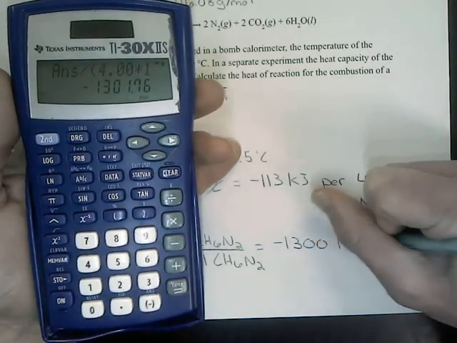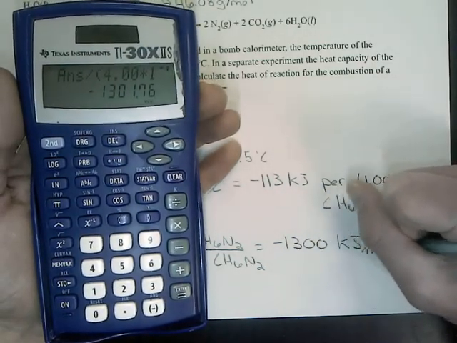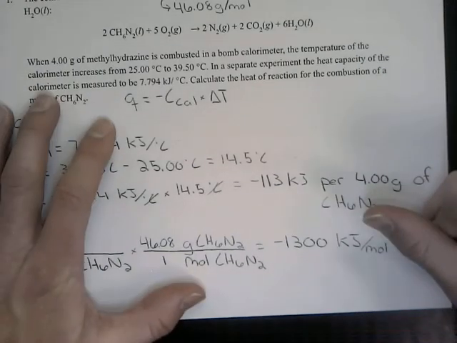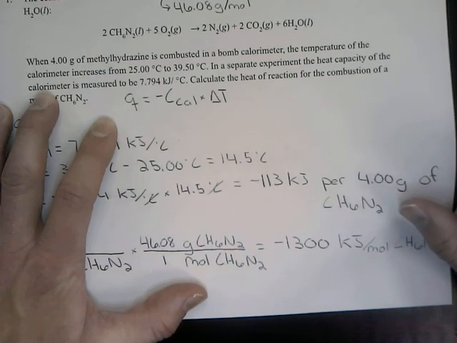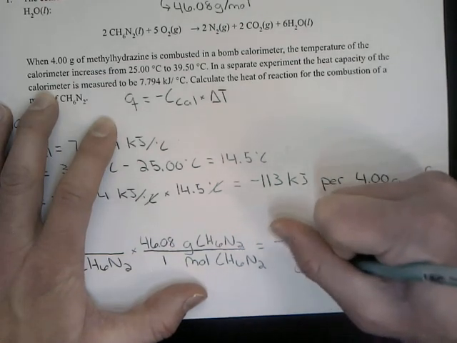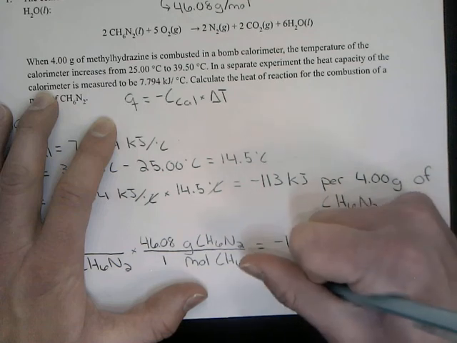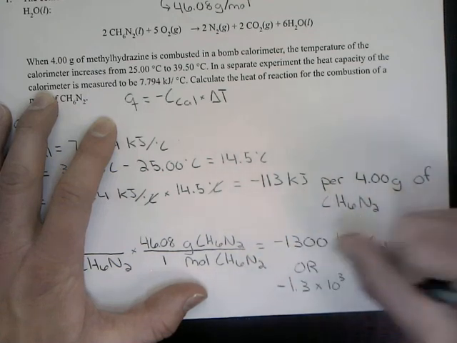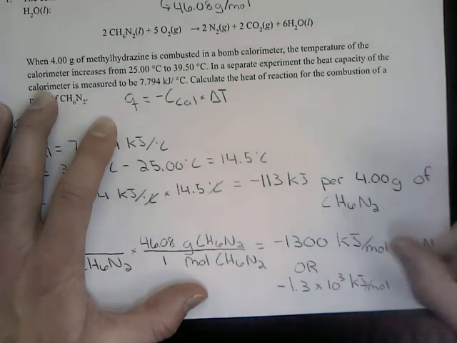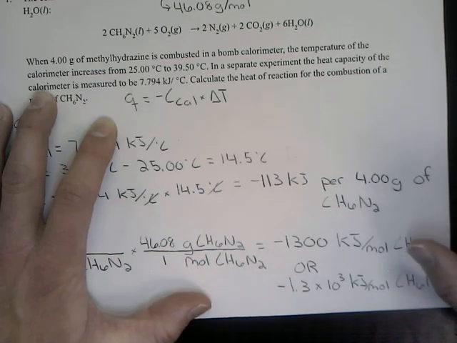If you want to be a little more specific or clear with your significant digits, this would also be negative 1.3 times 10 to the third kilojoules per mole of CH6N2.